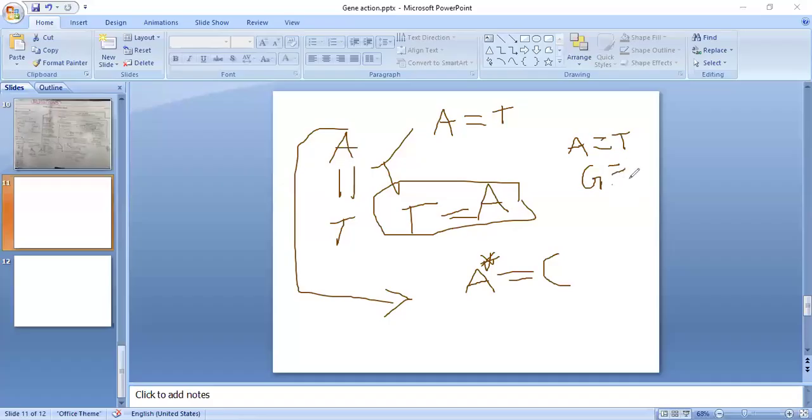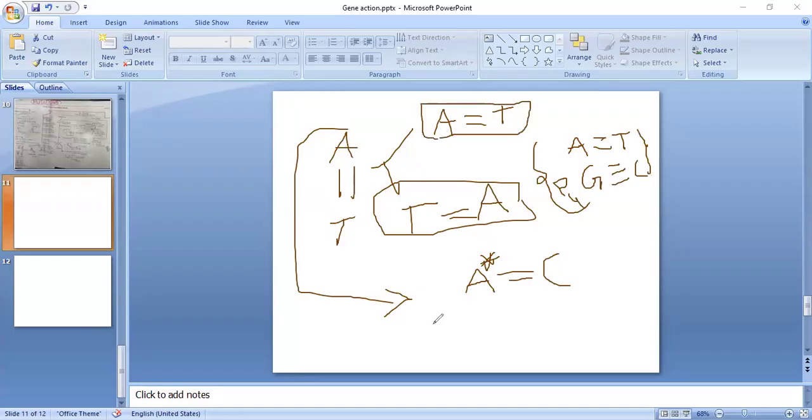ATGC. According to Chargaff's law, a purine always binds with a pyrimidine. A and G are purines, T and C are pyrimidines. So A is generally in the normal pair.